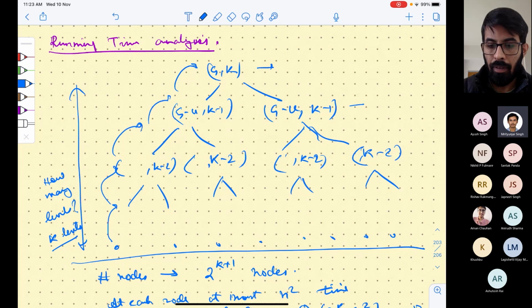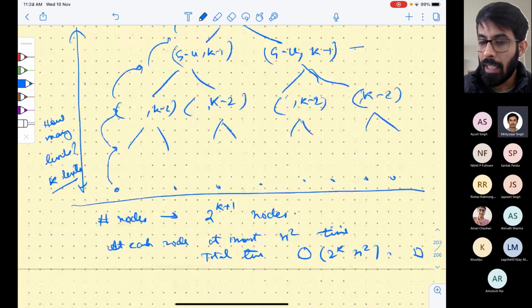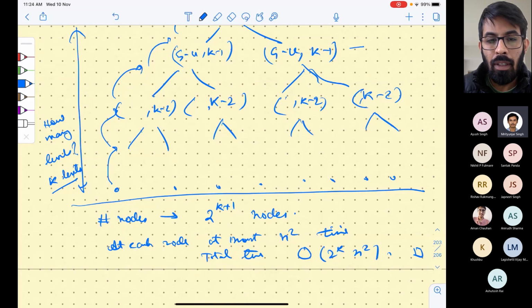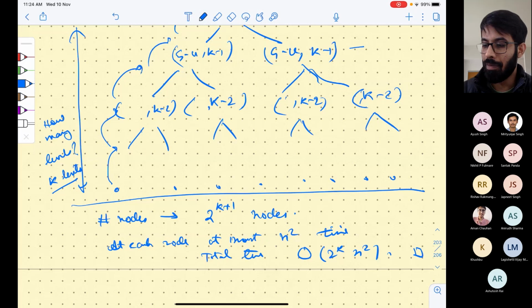Time at every node. Yeah? Yes, Mrityunjay, say again. Why do we need n square time at every node? I mean, we might be able to do it in linear time, but let's just find a bad bound. Don't we just pick an arbitrary edge at every node?